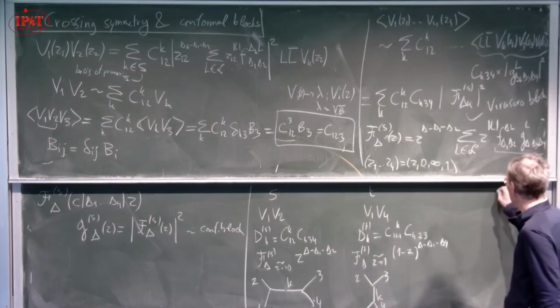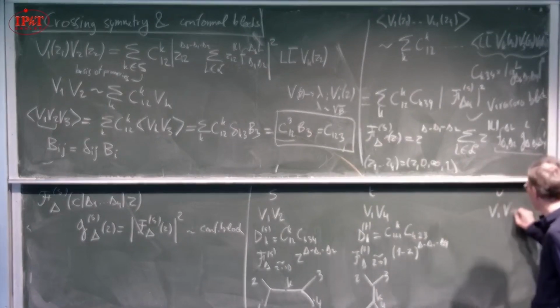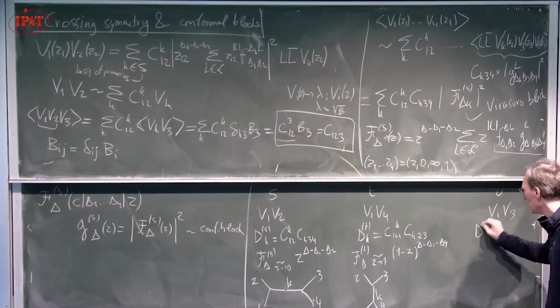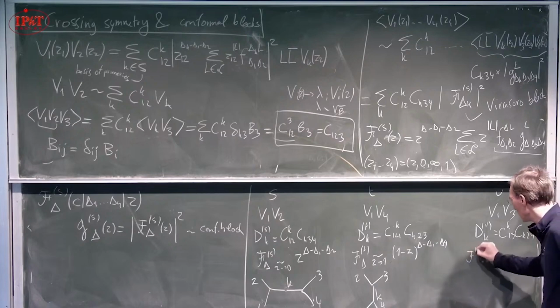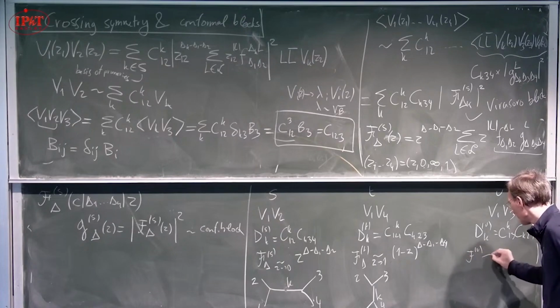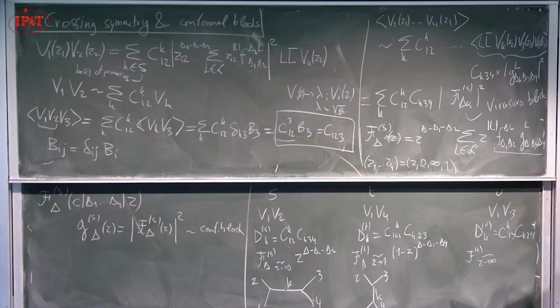And that's not finished. I have a U channel where I do the OPE V1, V3. I have a U channel structure constant, which is C_k13 C_k24. I have a U channel block. When z goes to infinity, this one is a bit tricky because fields at infinity, you have to be careful how you define them, but we've seen how to do it.